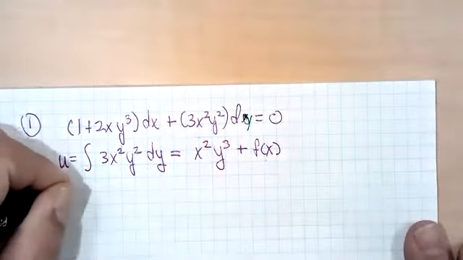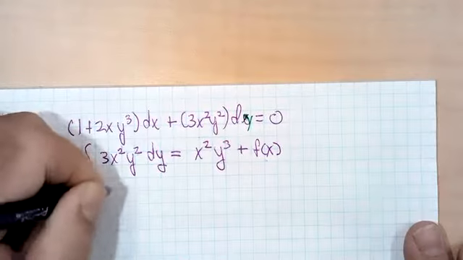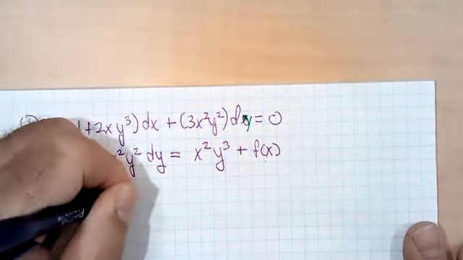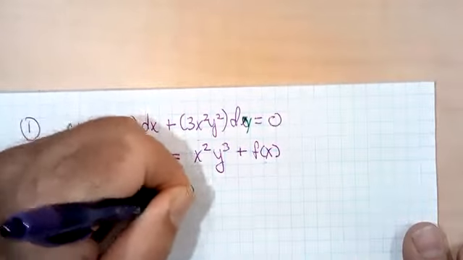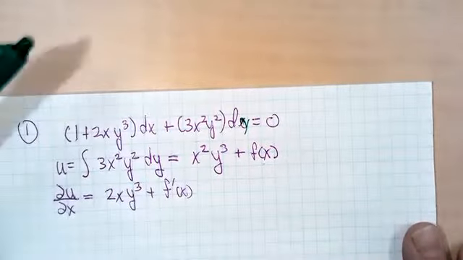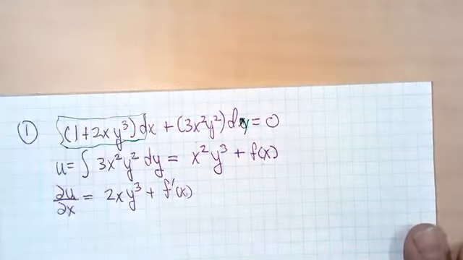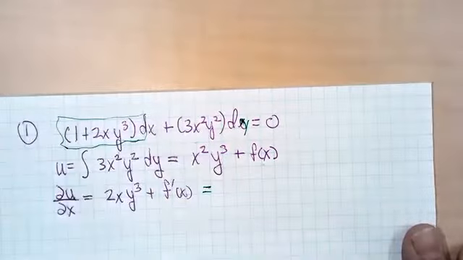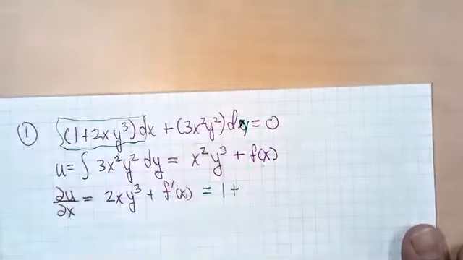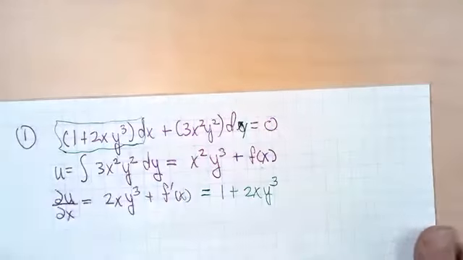So then you say, okay, the partial of u with respect to x then would be 2x y cubed plus f prime at x. And you match that up to your other expression for the partial of u with respect to x, which is 1 plus 2x y cubed.